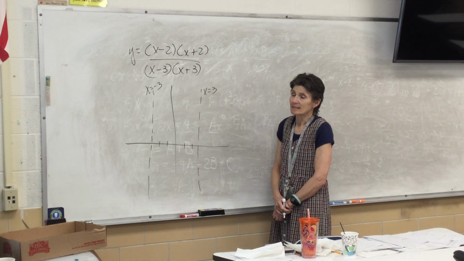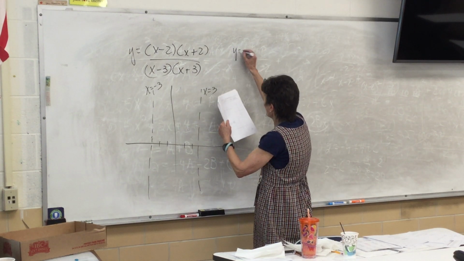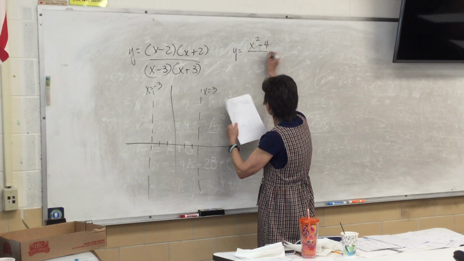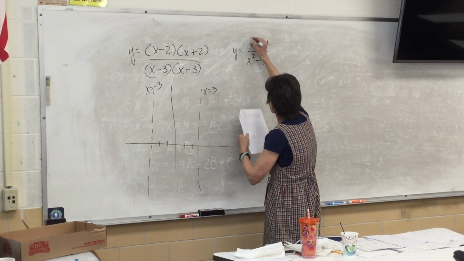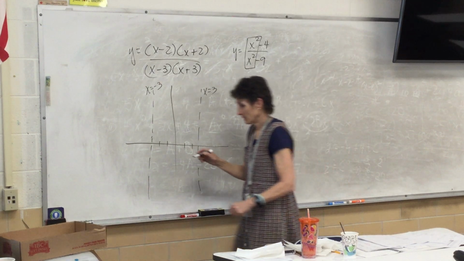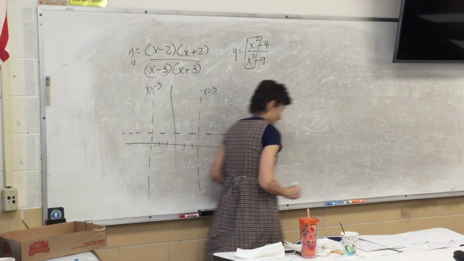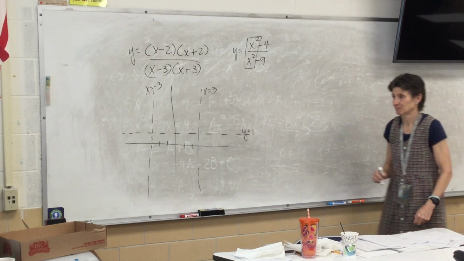The horizontal asymptote comes from comparing the highest power in the problem, right here. X squared over x squared is 1. So my horizontal asymptote is 1.